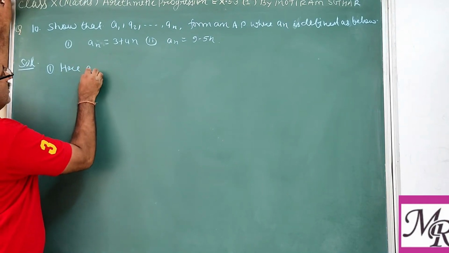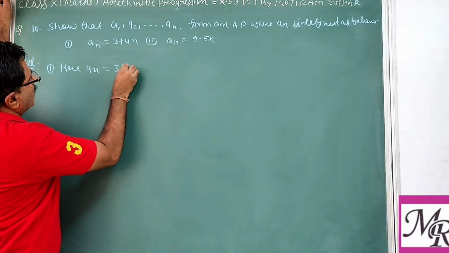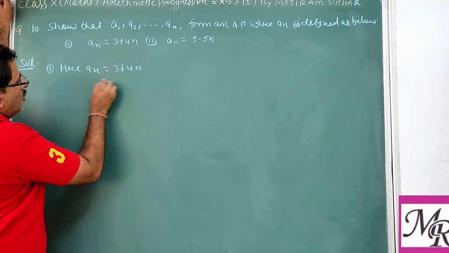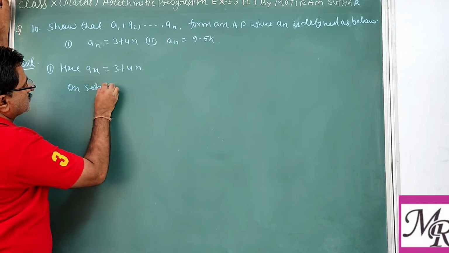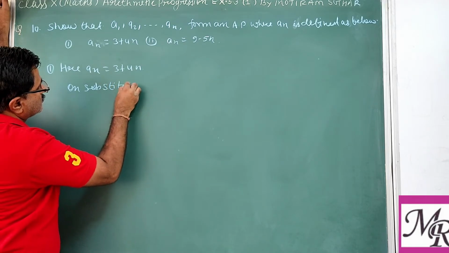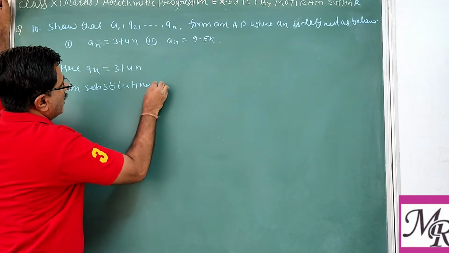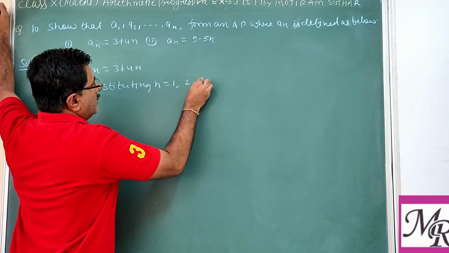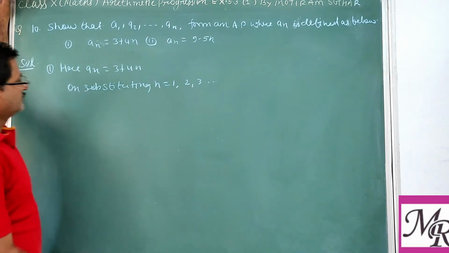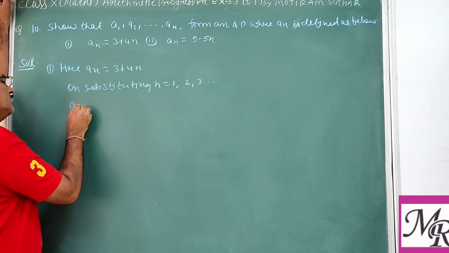Here an equal to 3 plus 4n. So on substituting n equal to 1, a1 means first term, a2 second, and so on.